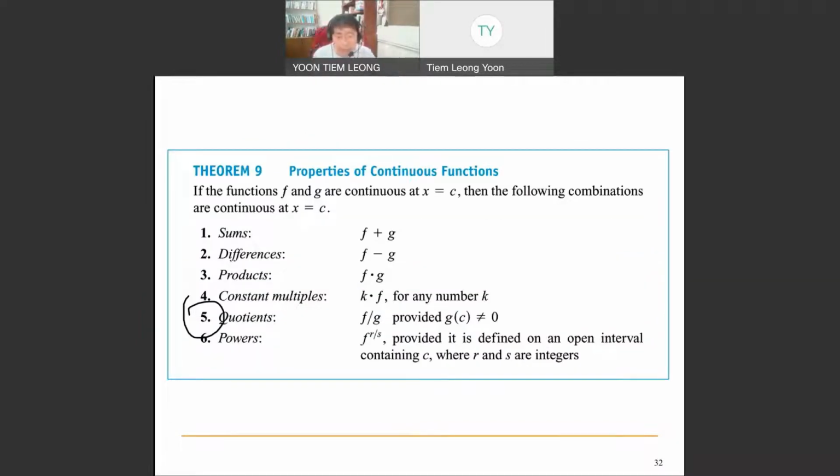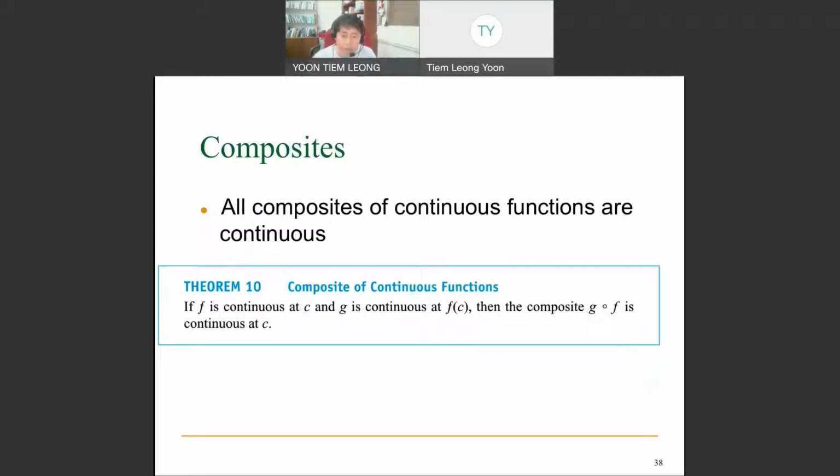With theorem 9, you can construct a new function by taking the sum of the two functions f and g, or the difference, or multiply them, divide them, or raise them to a power. When we talked about the operations of functions in the previous chapter, you can also form what we call a composite function of g and f. So you define the composite function.